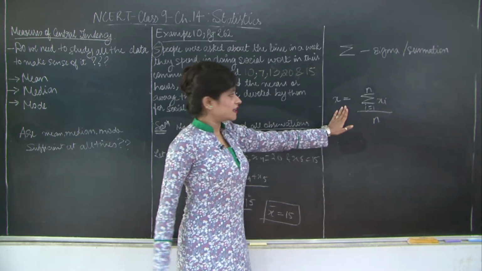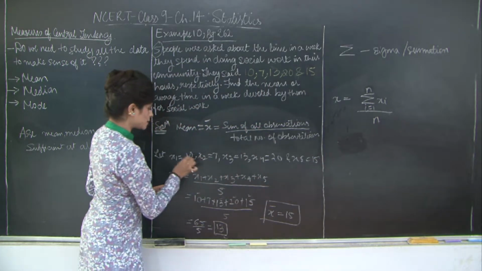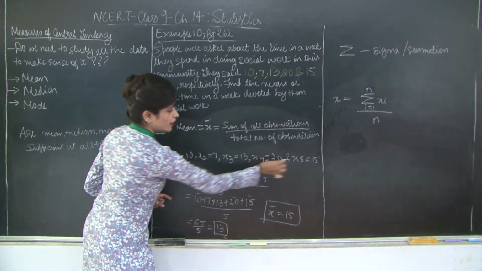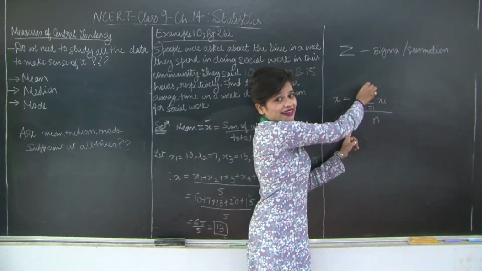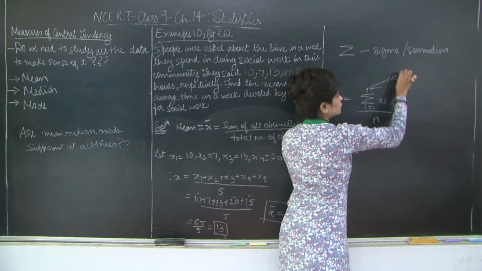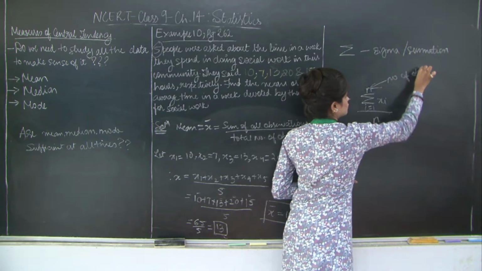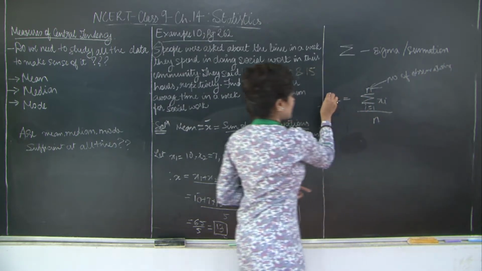So what does this mean? Summation of i: this is the subscript, you can see 1, 2, 3, 4 and 5. From 1 up to n, where n is the number of observations, and this is x bar.